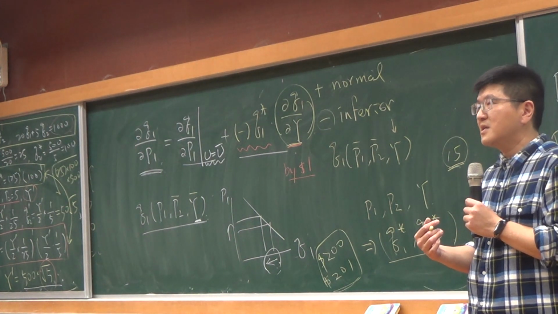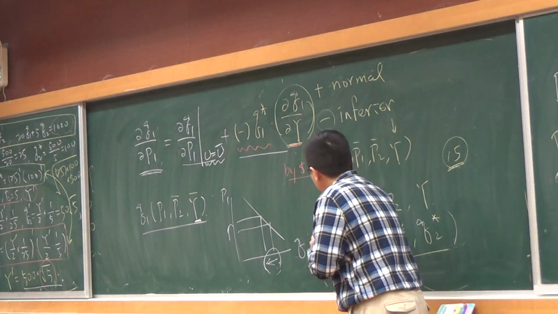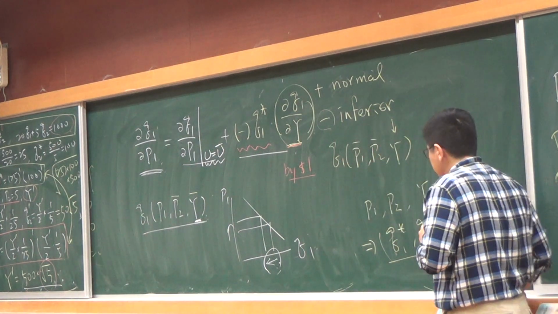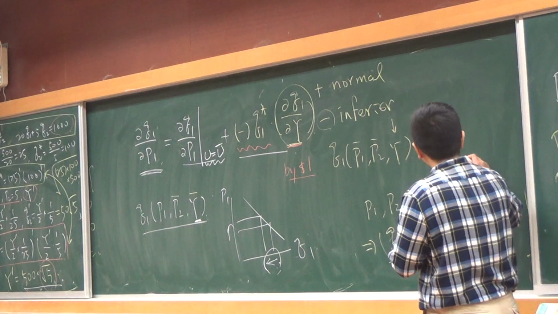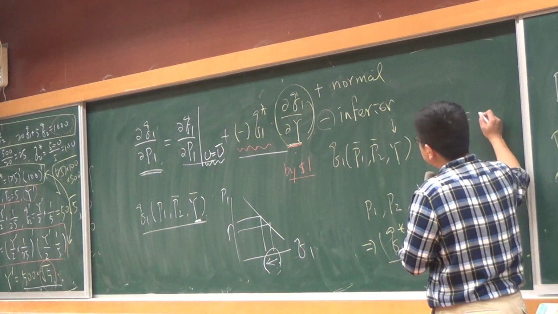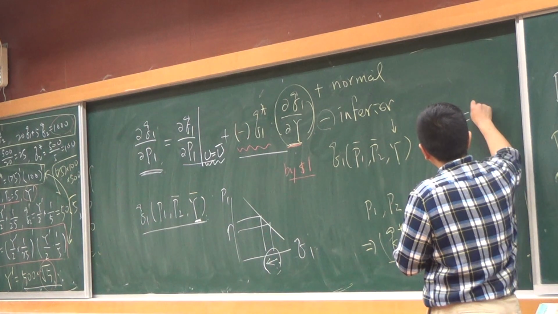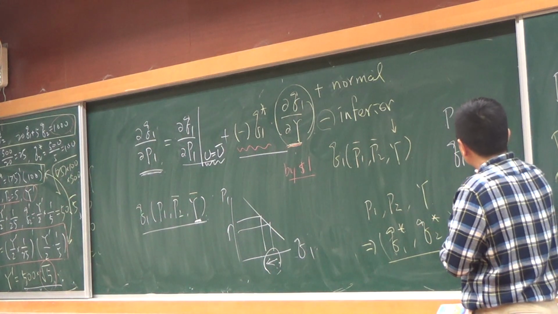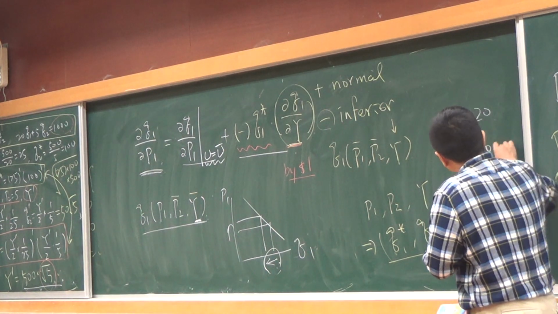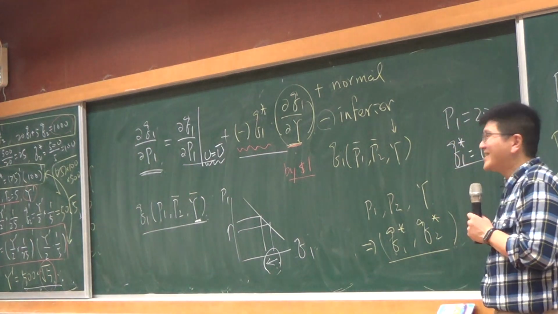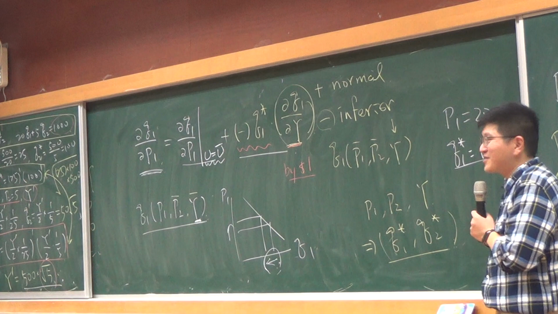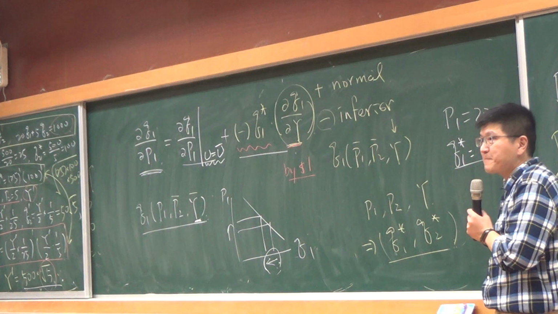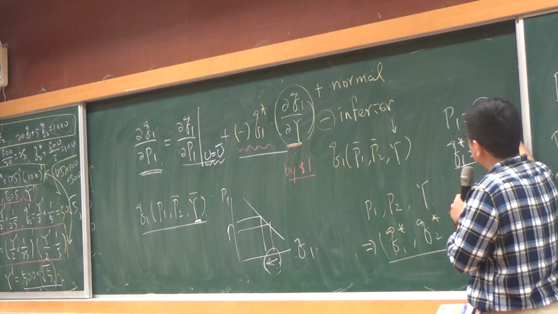Is that clear? Or let me give you another example. Say ice cream. If you like ice cream very much, and the price of ice cream is $20, and per month you eat, say, 100 ice creams, you're a heavy lover of ice cream. So now the price rises from 20 to 21.